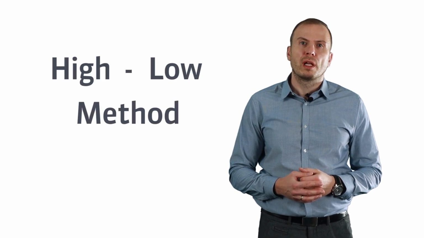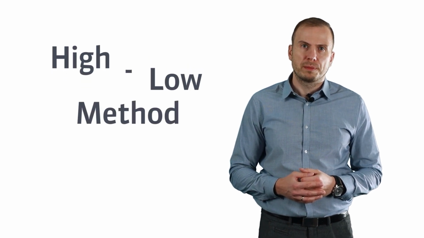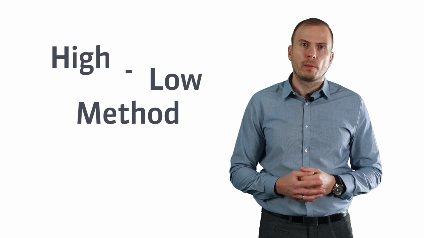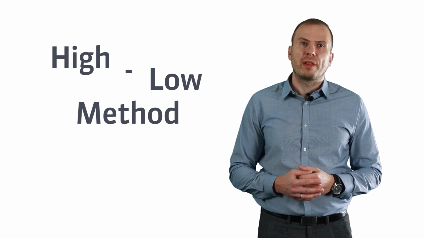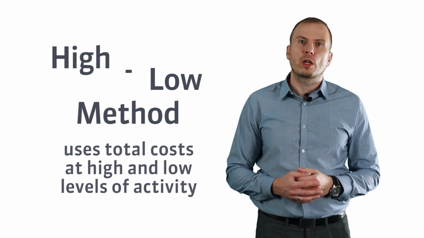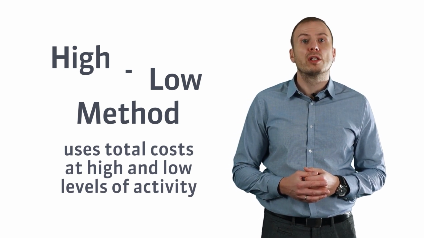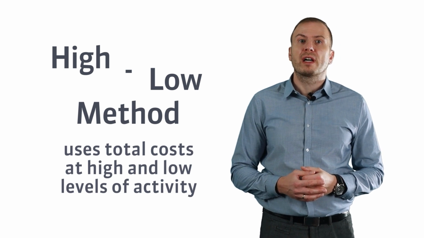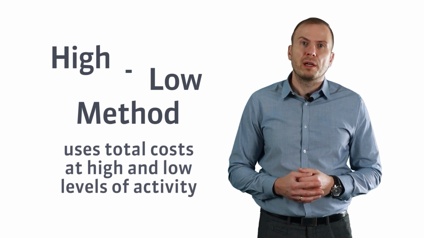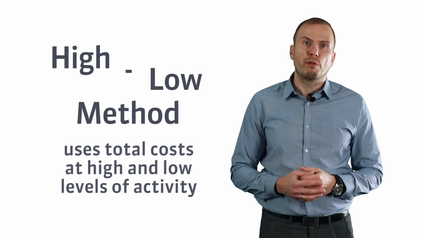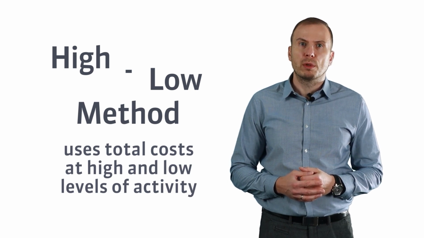One type of analysis is called the high-low method. The high-low method uses the total costs incurred at the high and the low levels of activity to classify mixed costs into fixed and variable components.